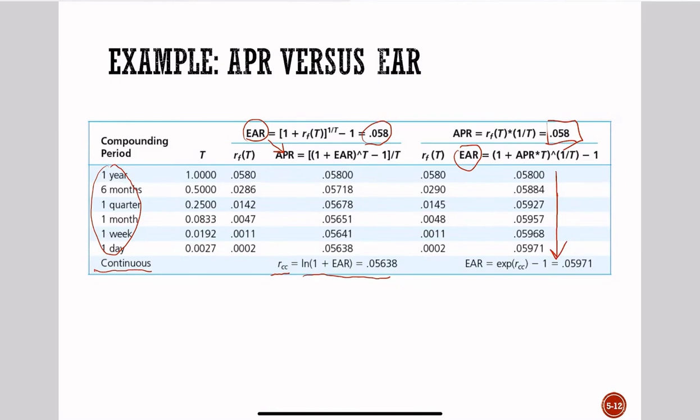This result is quite easy to understand, because if you fix your APR and have a smaller t here, this means you will compound more. And we know that compounding is a very powerful force. In the end, as you compound more, your effective annual rate should increase.